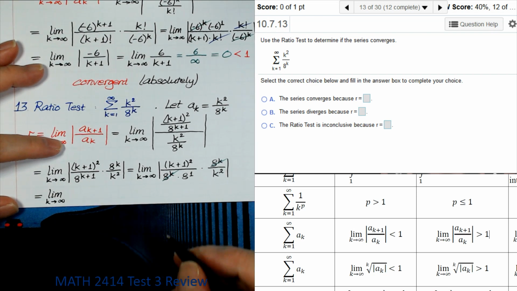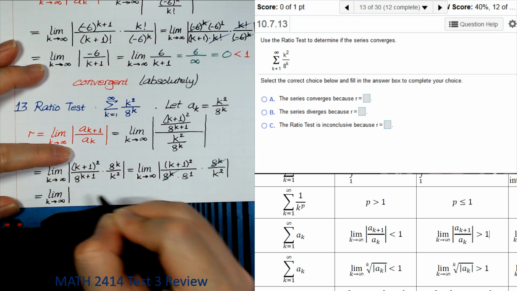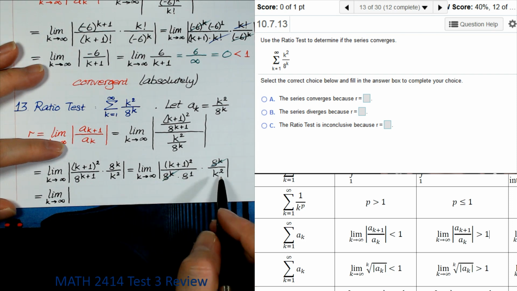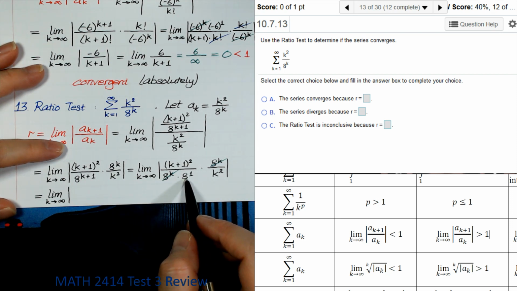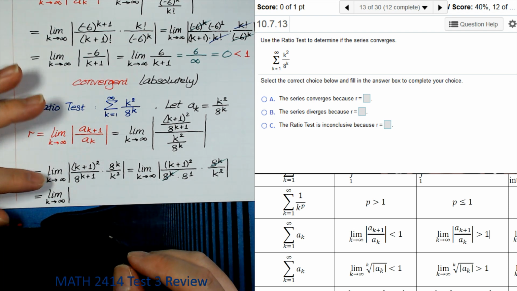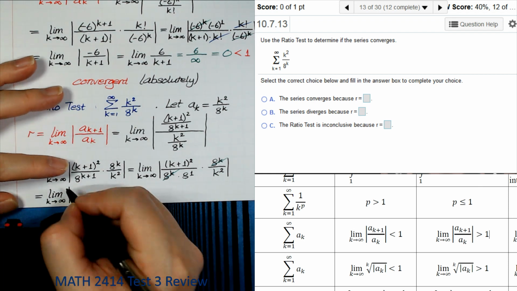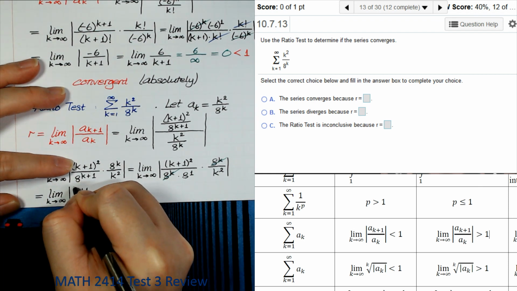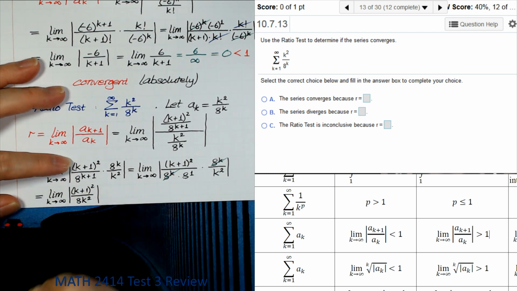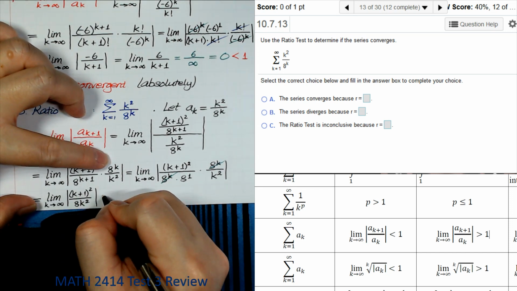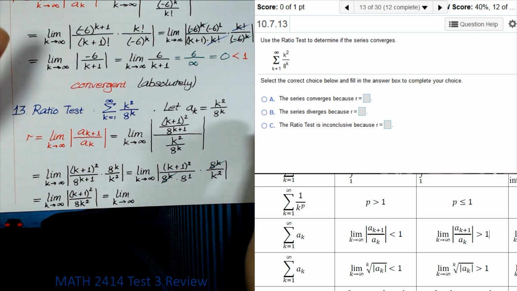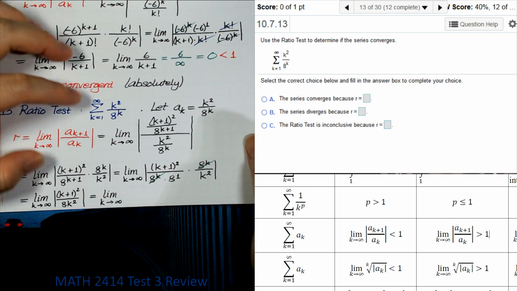Now, k plus 1 squared is positive, and that is positive, and that a is positive. We really don't need absolute values if all of them are positive. For now, just leave that there. Again, we really don't need absolute values because the square is going to be positive.